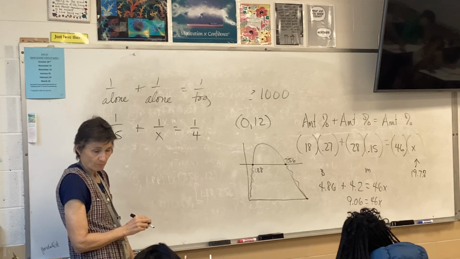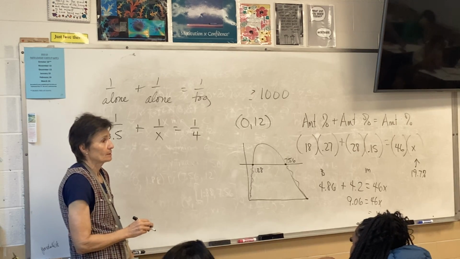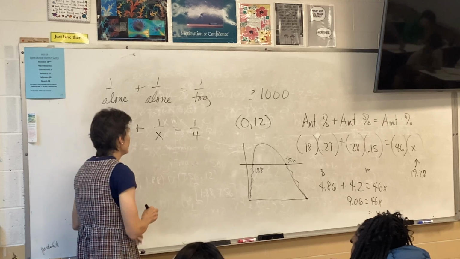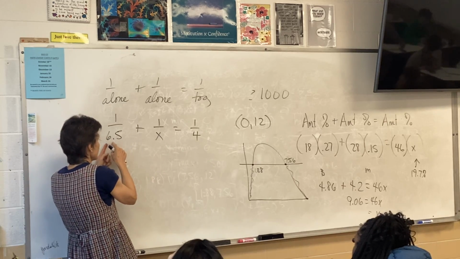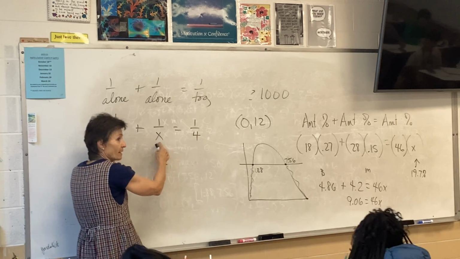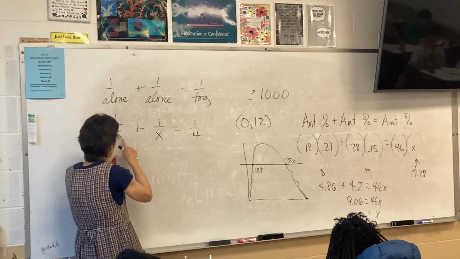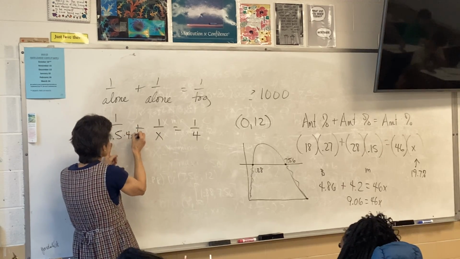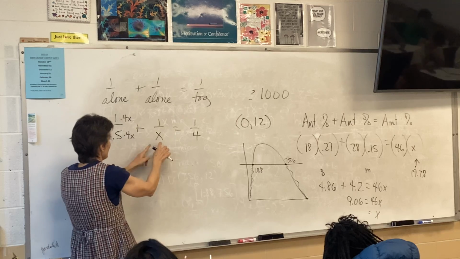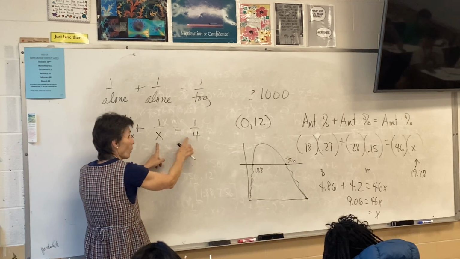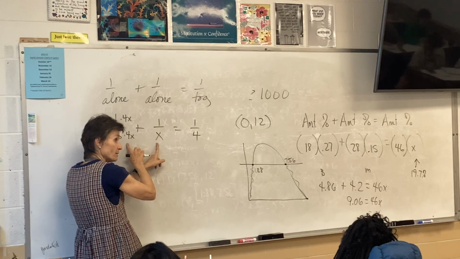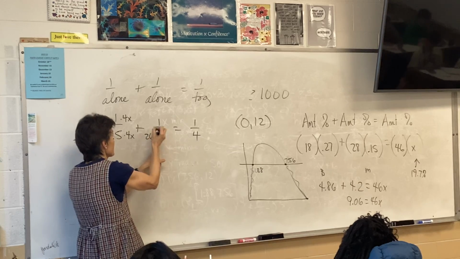Life would be perfect if we had a common denominator. Let's make our lives easy. The common denominator needs a 6.5, an x and a 4. So 26. This one's gonna need a 4x. This one's gonna need a 4 and a 6.5, which is 26.